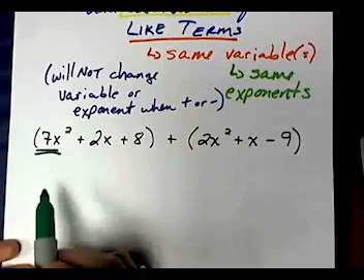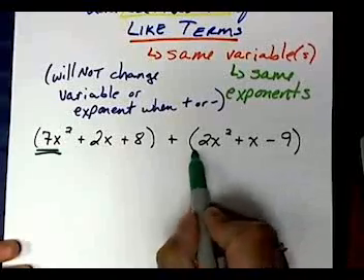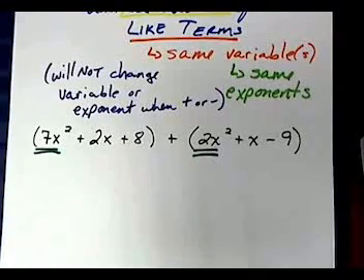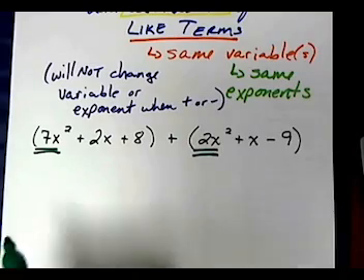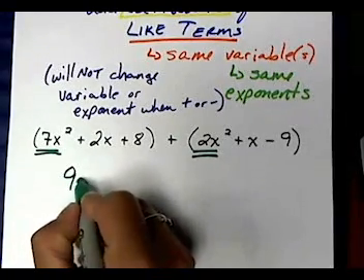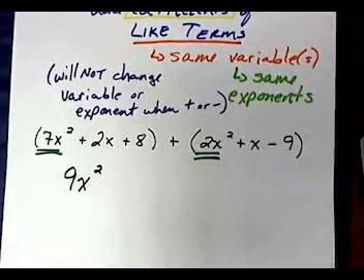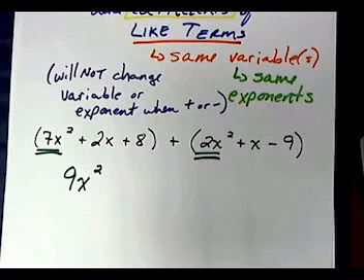I underline them 2 times for the x squared, and here's a 2 times underline for the x squared. Those are the 2 like terms that are x squareds. I have 7x squared, and I'm adding 2x squareds. That gives me a total of 9x squared. Notice I did not change the variable or the exponent.